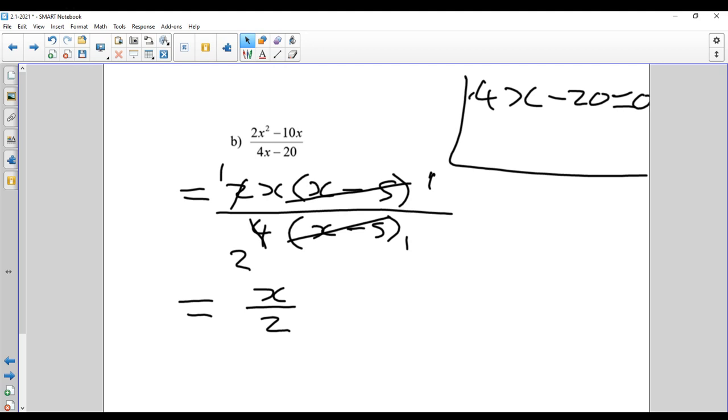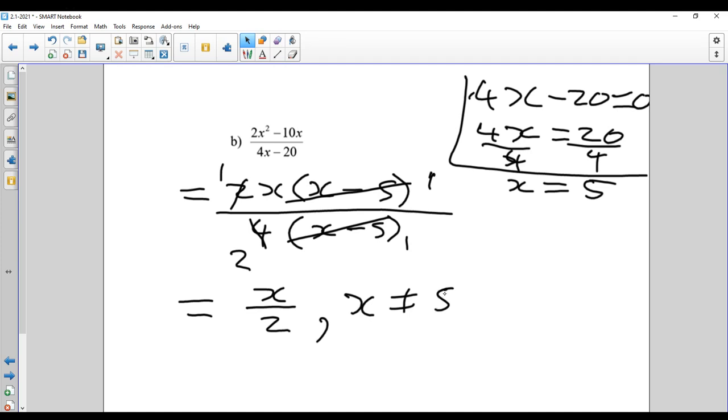Put the 20 on the other side. 4x is equal to positive 20. Divide by 4. And x is equal to 5. So my restriction is that x cannot be equal to 5. And there you go. That is the restriction. Thank you, Atifa.